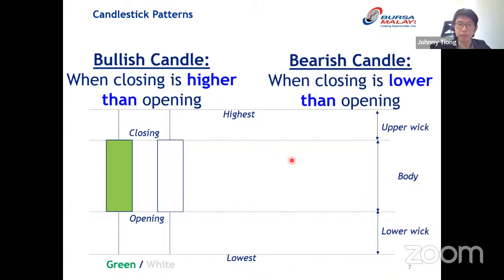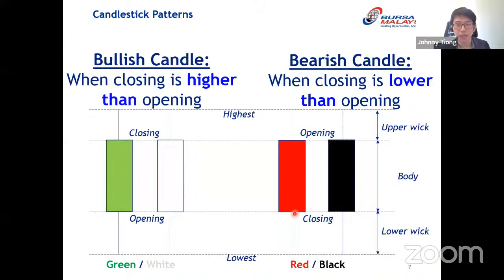Next we talk about the bearish candle. The bearish candle is the opposite of the bullish candle, when the closing is lower than the opening. In this form, this is the opening, at 9 o'clock when the market opens, and then throughout the whole day it is under selling pressure, falling down, and then the closing is lower than the opening.